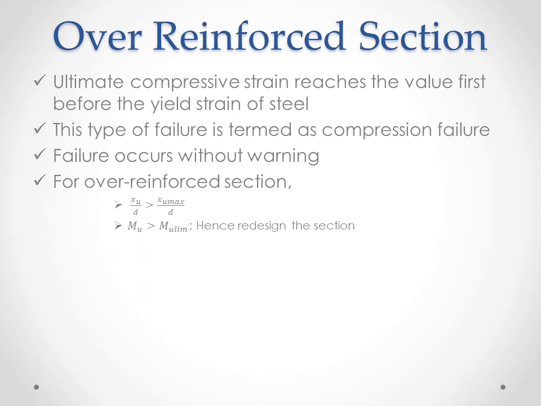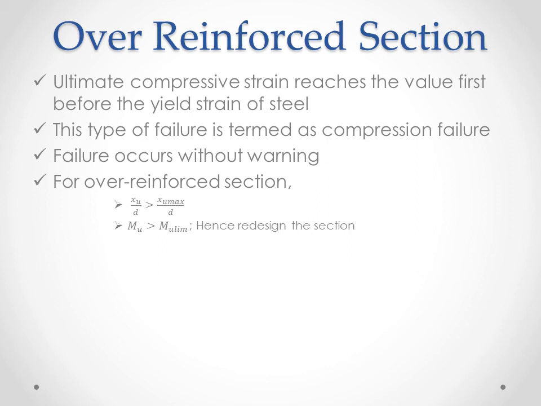When this condition is met, we have to redesign the section, otherwise compression failure will take place and the building will collapse without any warning, and it won't be pretty. So we have to redesign the section.